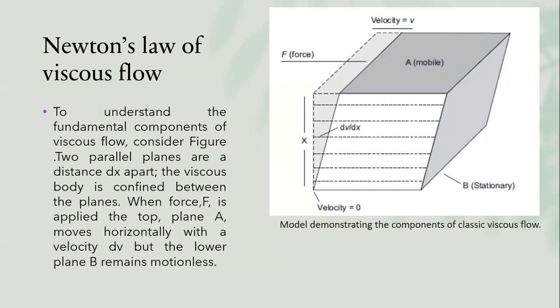The viscous body is confined between the planes. When force F is applied to the top plane A, it moves horizontally with the velocity dv, but the lower plane remains motionless. This is Newton's law of viscous flow.